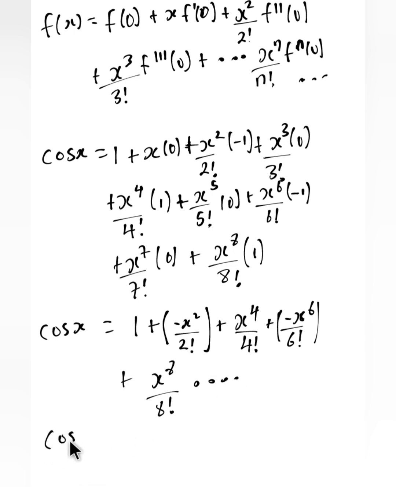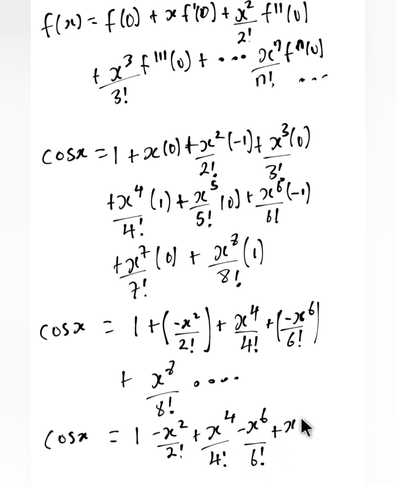So cos x is equal to 1 minus x squared over 2 factorial plus x to the power 4 over 4 factorial minus x to the power 6 over 6 factorial plus x to the power 8 over 8 factorial, and the list keeps on going.